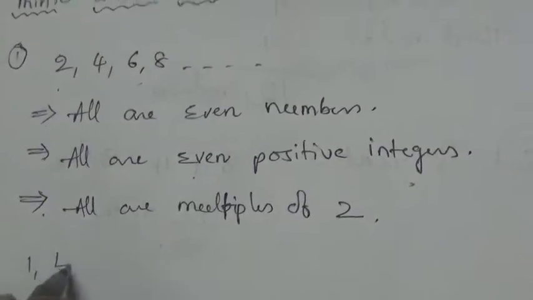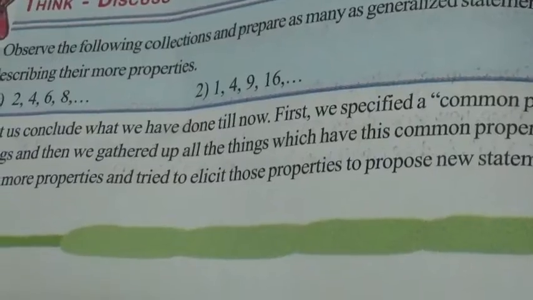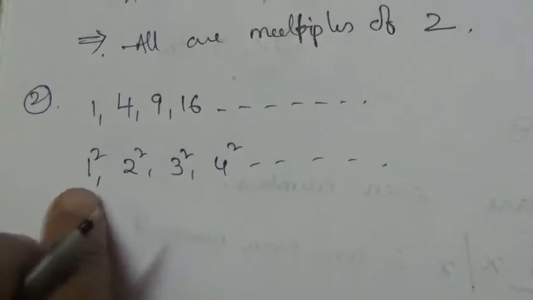And the second sum, 1, 4, 9, 16 and so on. What is the general property of this one? 1 square, 2 square, 3 square, 4 square. We can convert these numbers like this.